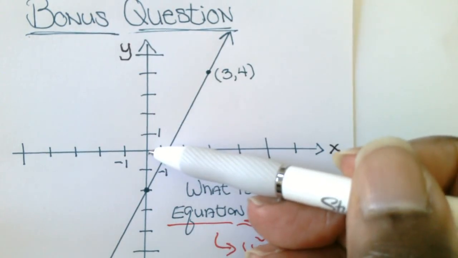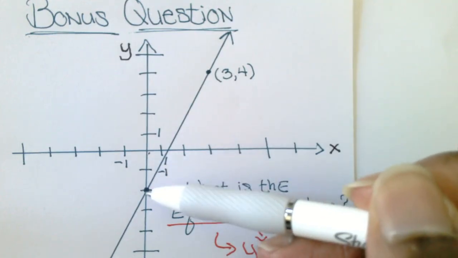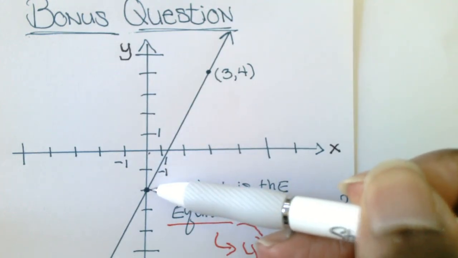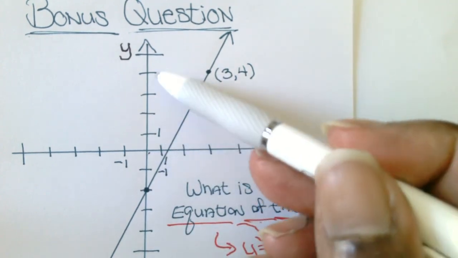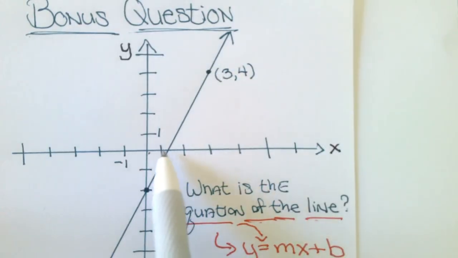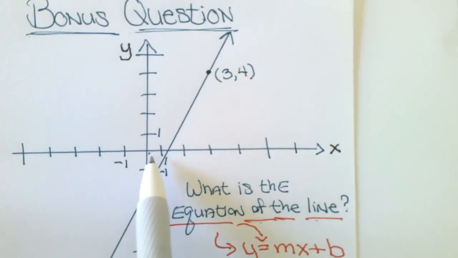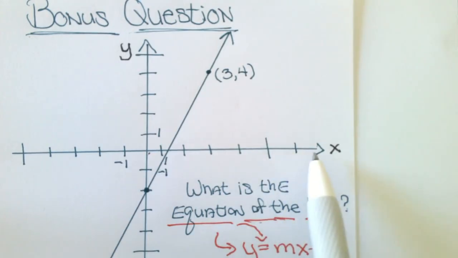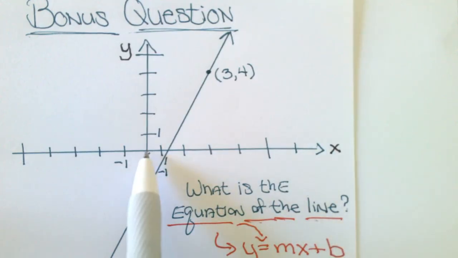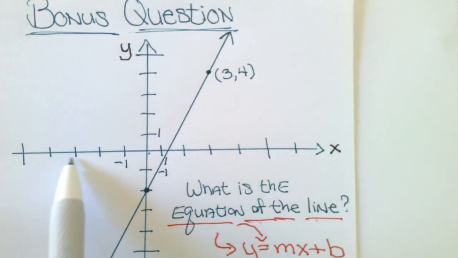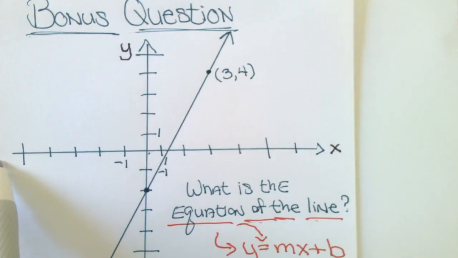Because this is 0, this is -1, this is -2. Going down are the negative numbers, going up are the positive numbers, and everything is being counted by 1. Going to the right is positive, going all the way to positive infinity, and to the left is negative, going all the way to negative infinity.